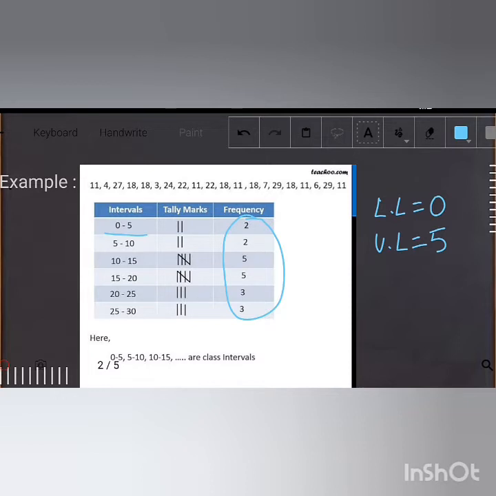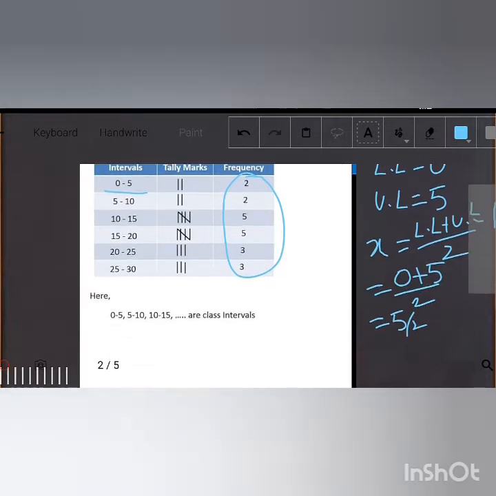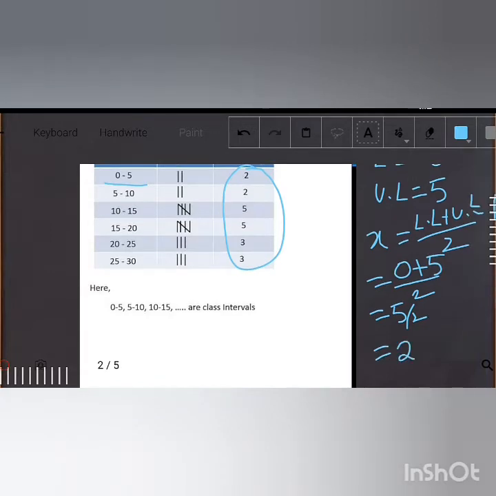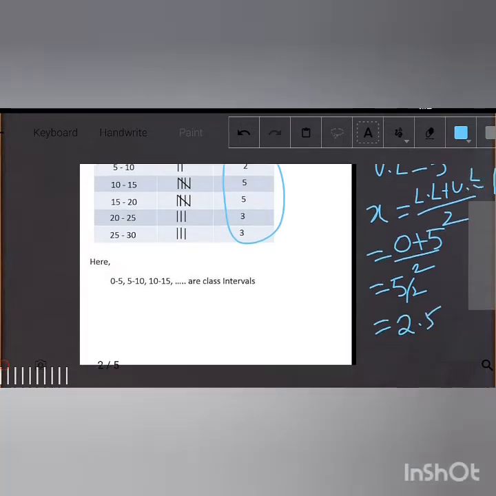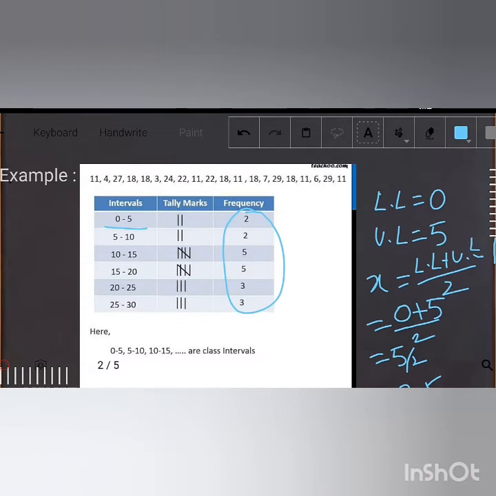So x is lower limit plus upper limit by 2 equal to 0 plus 5 by 2, which is 5 by 2 equal to 2.5. Therefore x value for this one is 2.5.